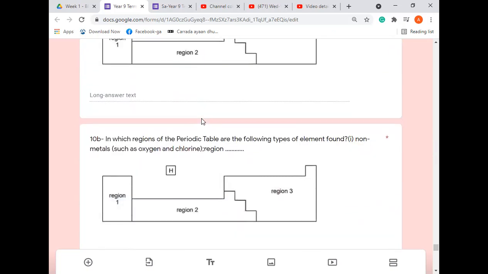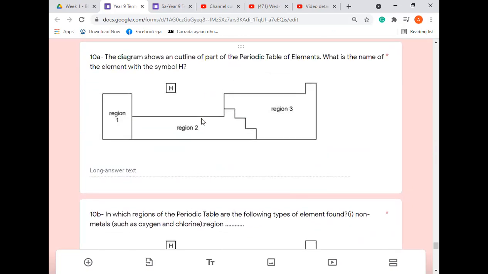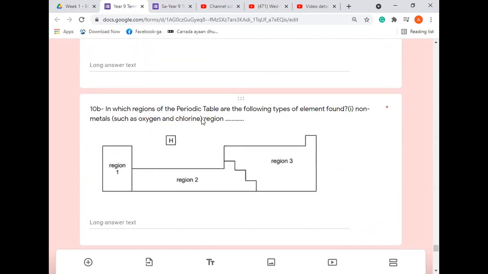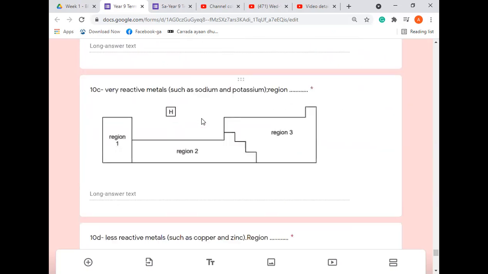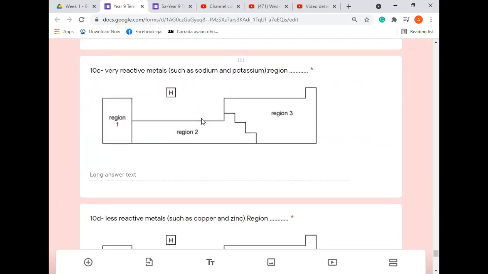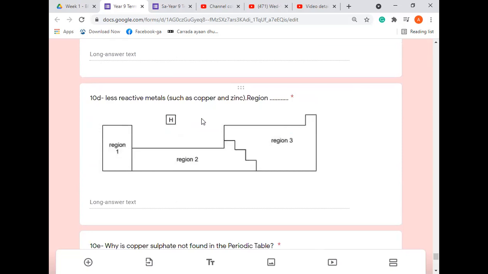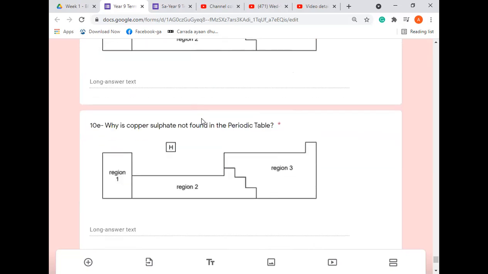So question 10, you have the periodic table. You just need to answer these questions using the periodic table. So the first question is, what is the name of the element with the symbol H? Question 10b, in which region of the periodic table are the following types of elements found? Nonmetals, such as oxygen and chlorine, very reactive metals such as sodium and potassium, less reactive metals such as copper and zinc.